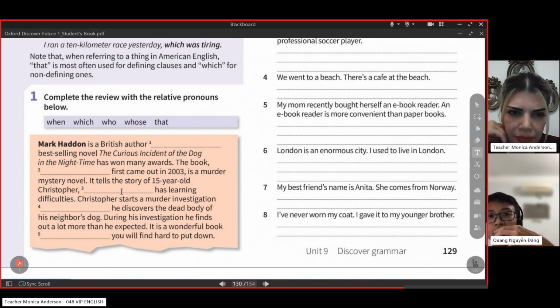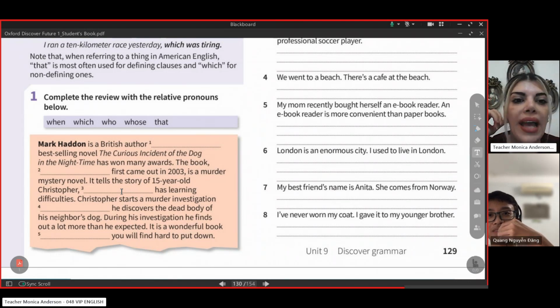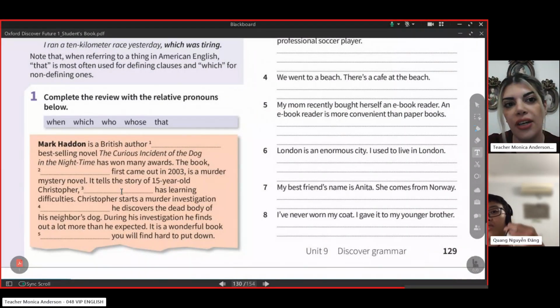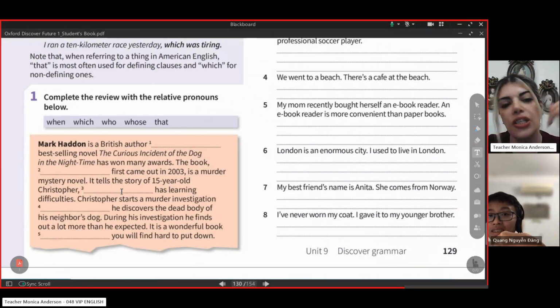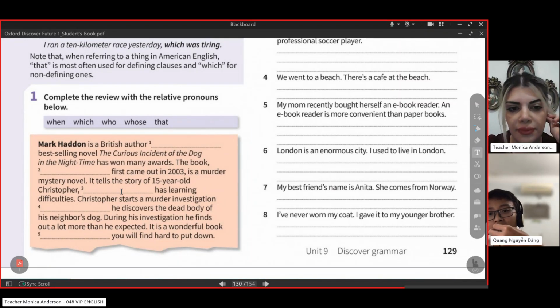Christopher starts a murder investigation when he discovers the dead body of his neighbor's dog.